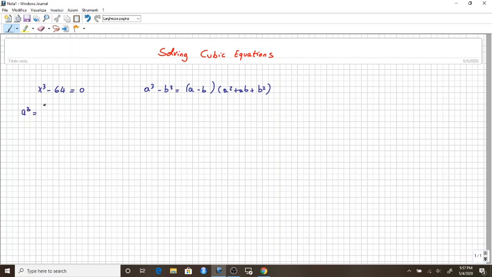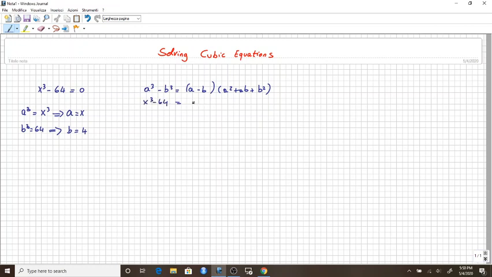So we know a cubed is the same as x cubed, and we know that b cubed is the same as 64. So what do you think is a and b? Well, if a cubed is x cubed, then a must be equal to x, and then b, which number multiplied by itself 3 times is going to give you 64? That is going to be 4. So now we plug it in into the right hand side. a minus b, here we have x cubed minus 64, right?